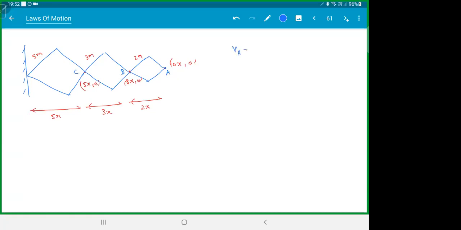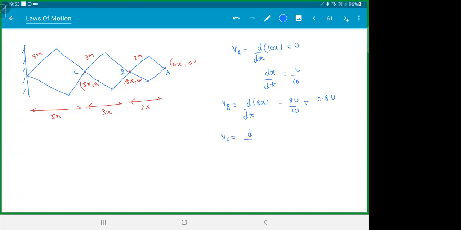So velocity of A is how much? Rate of change of the coordinate, which is 10x. And you're saying this is u. That means dx by dt is u by 10. What is velocity of B? Rate of change of coordinate of B, which is 8x, which is 8u by 10, 0.8u. What is velocity of C?